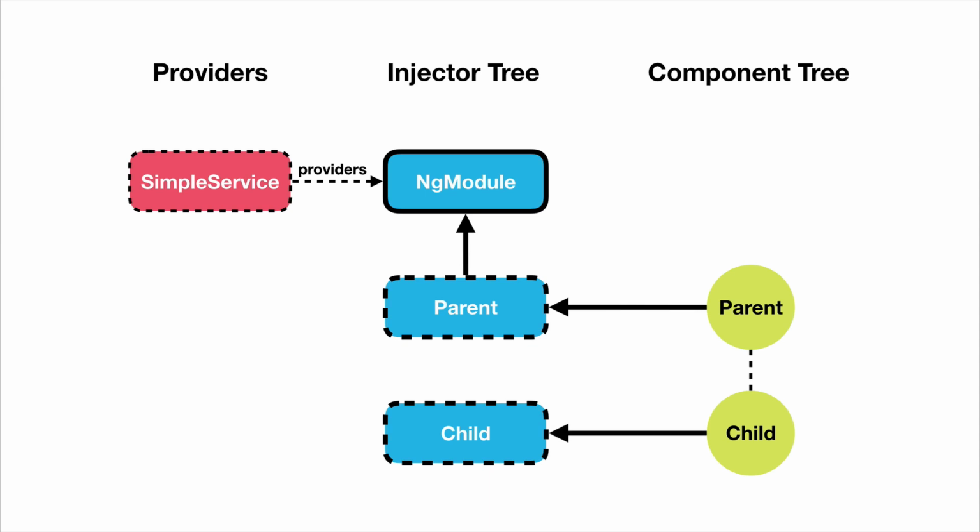We haven't configured it there, so it forwards to its parent. It's not configured on the parent either, so that forwards to the NgModule. The NgModule returns exactly the same instance of SimpleService that was returned to the parent component. Remember, if we request the same token from the same injector, we get the same instance returned.